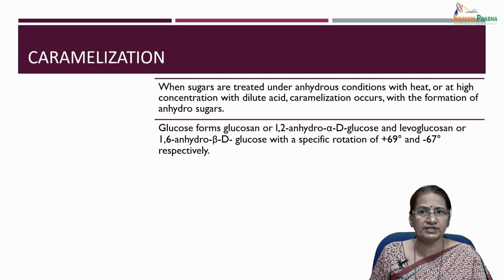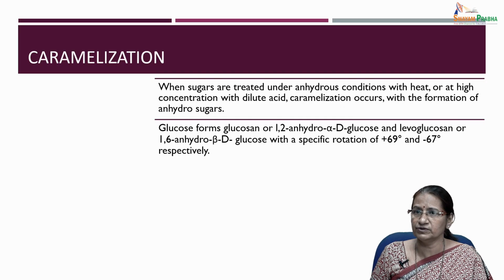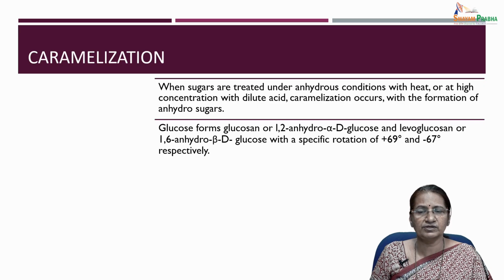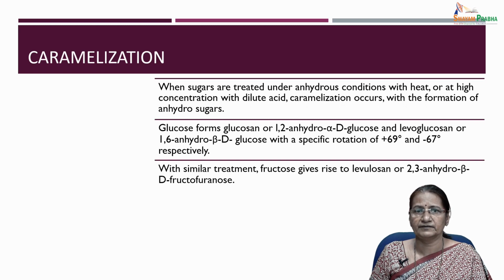Glucose forms glucosans or 1,2-anhydro alpha D glucose and levoglucosan or 1,6-anhydro beta D glucose with a specific rotation of plus 69 degrees and minus 67 degrees respectively. With similar treatment, fructose gives rise to levulosan or 2,3-anhydro beta D fructofuranose.